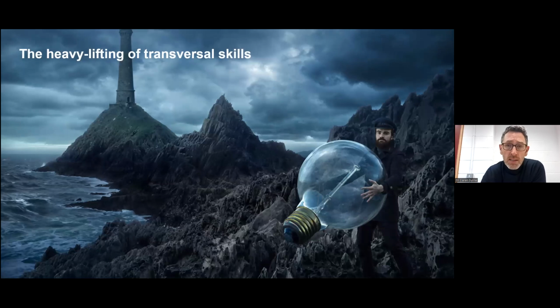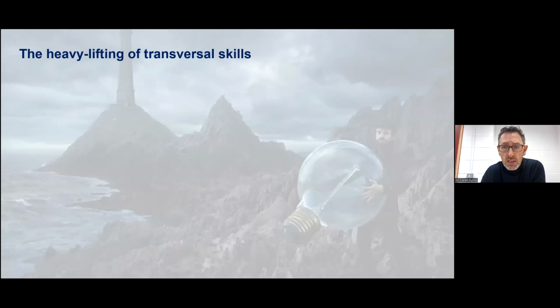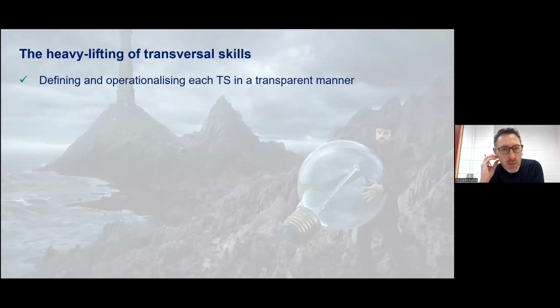But as I mentioned already, committing to transversal skills is not easy. It requires some heavy lifting, and certainly, Anne and other colleagues in DCU have felt the challenge of what the team that I'm involved in are asking them to do around transversal skills. I'm very aware of that and appreciative of the effort that people are making. Some of the heavy lifting: number one, be very clear about how you define these skills. So what exactly does creative thinking or critical thinking mean to your organization?